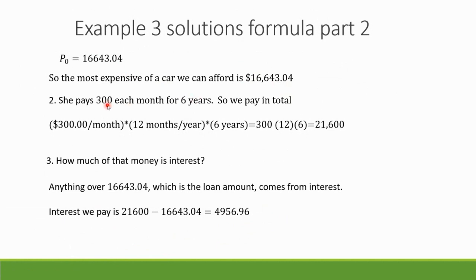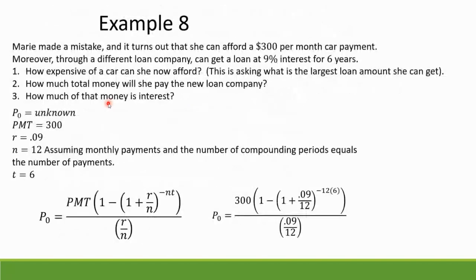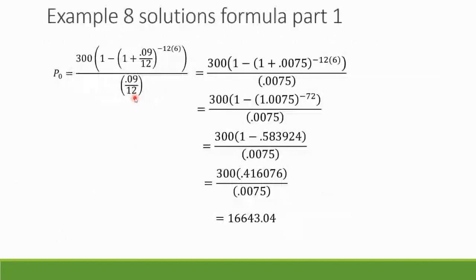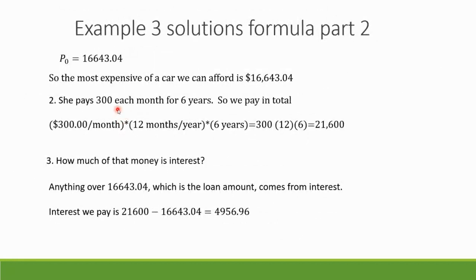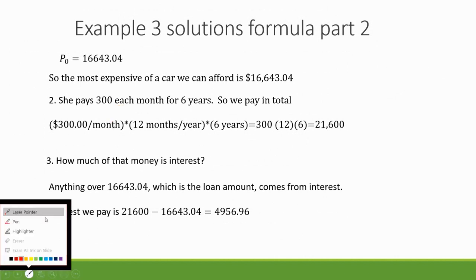Remember, question 2 was, how much is she paying the loan company? How much total money is she going to pay this new loan company, and how much of that money is interest? Well, for the loan company, it's $300 per month. But again, that's per month.